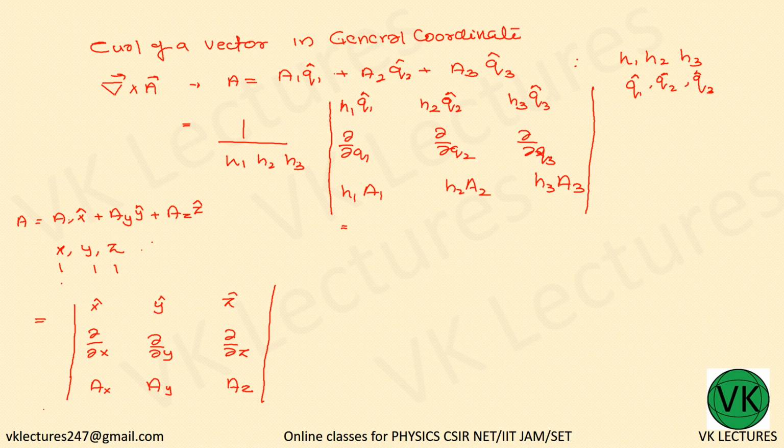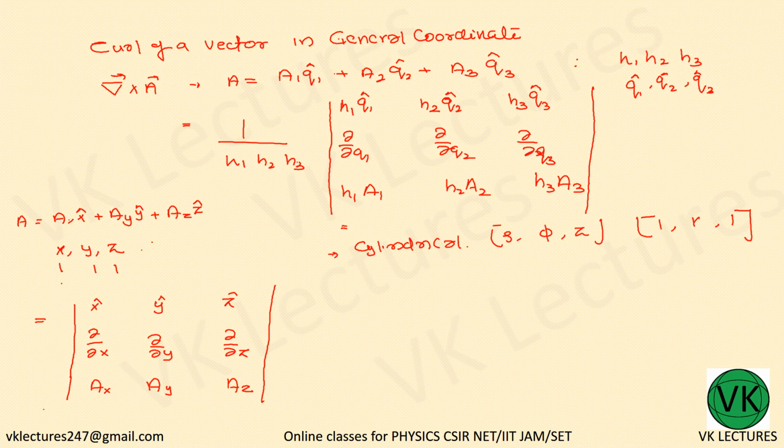Now let us also write for the cylindrical coordinate system. The coordinates are rho, phi, z, and the metric elements are 1, rho, and 1.